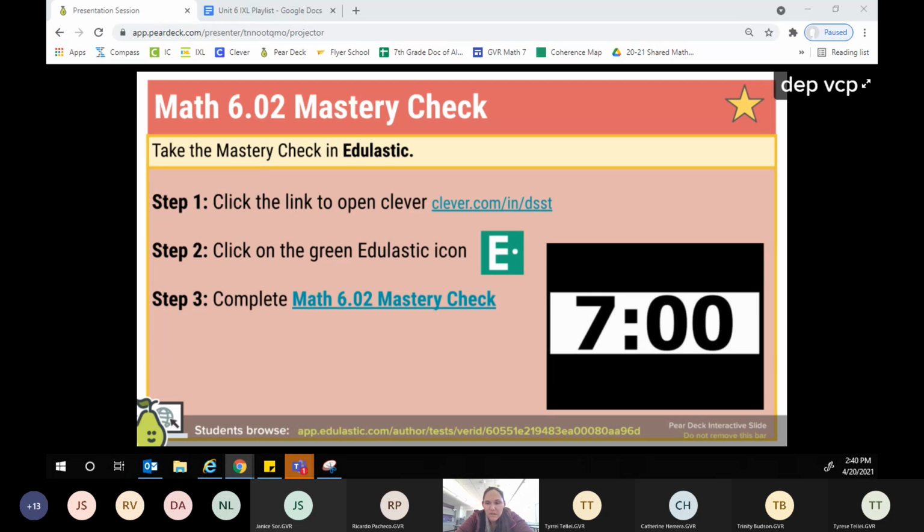Mastery check not loading. All right, so I think we're just waiting on one person. Devin, let's start your mastery check, please.